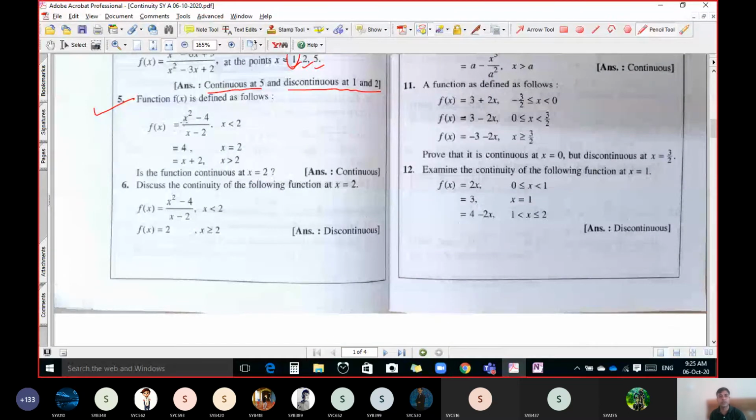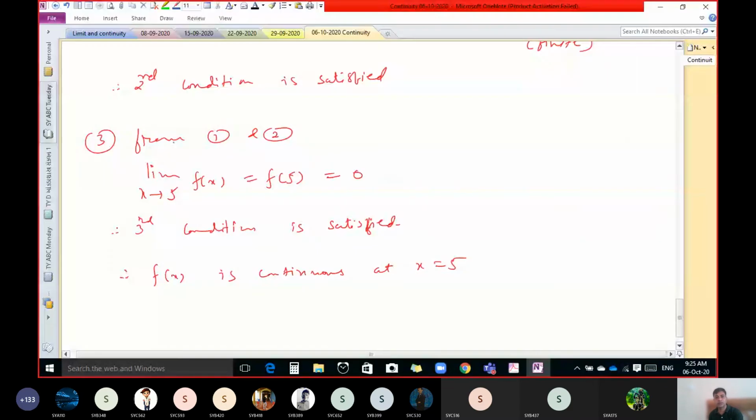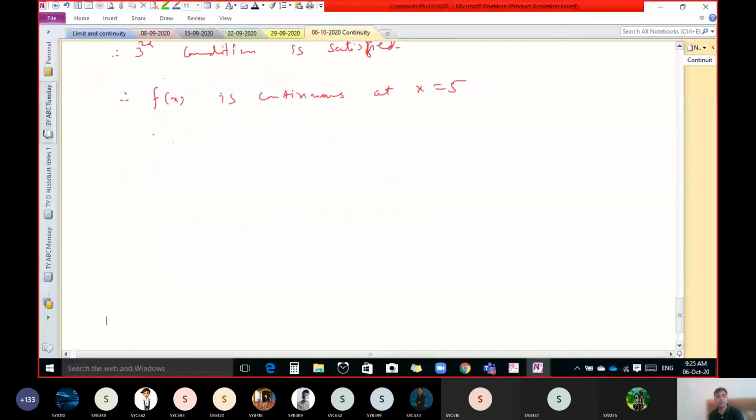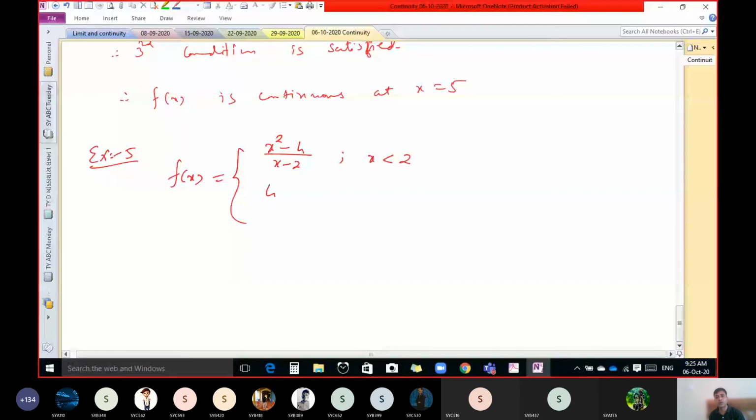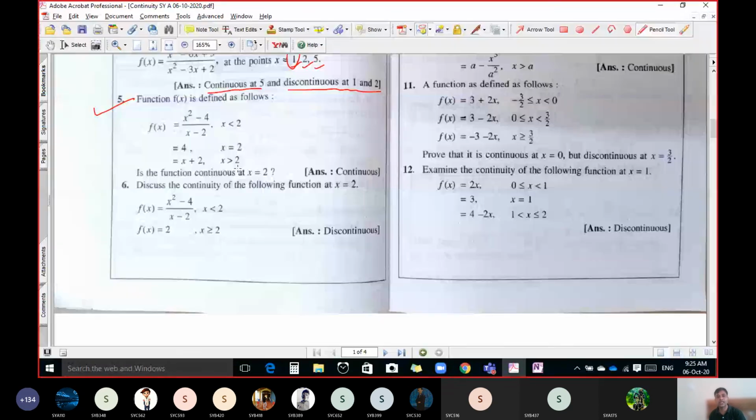Question number 5. The function f of x is defined as f of x equal to x square minus 4 upon x minus 2 when x is less than 2, equal to 4 when x equal to 2, and f of x equal to x plus 2 when x is greater than 2.